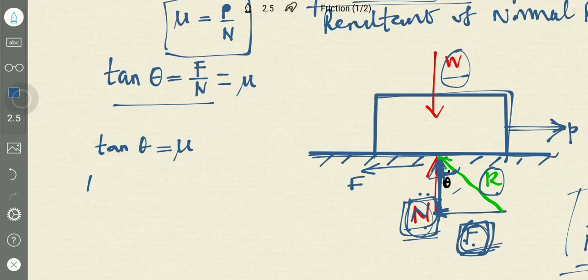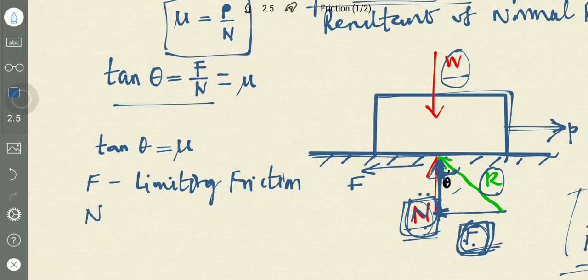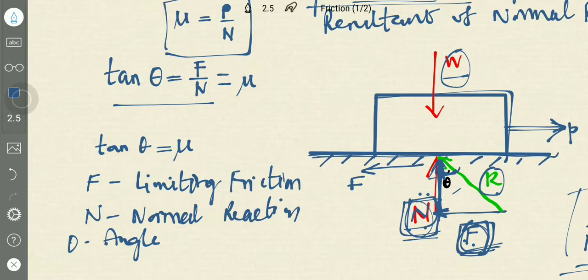Here F is limiting friction, N is normal reaction, and theta is the angle of friction.